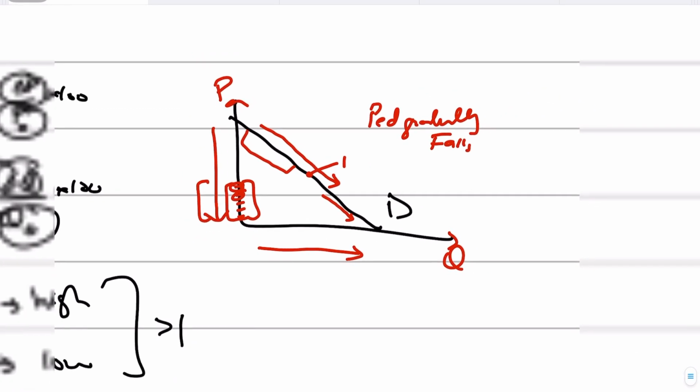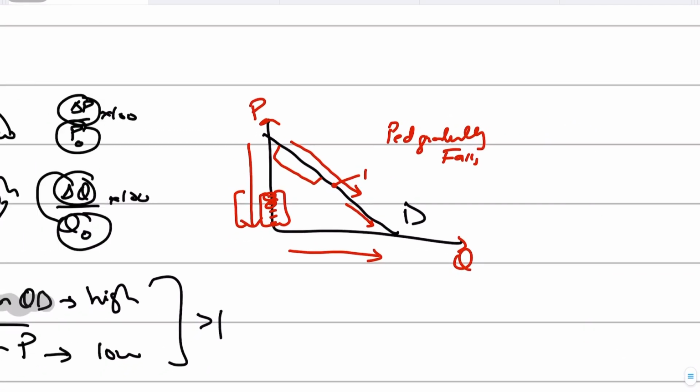If the percentage change in price is higher, the PD would always be lower, because the denominator in the PD formula would always be higher than the numerator, resulting in a lower PD value each time as you keep going down the demand curve. So the actual logic is that as you decrease the price, the PD gradually decreases, it becomes less elastic, and then it ultimately becomes inelastic.